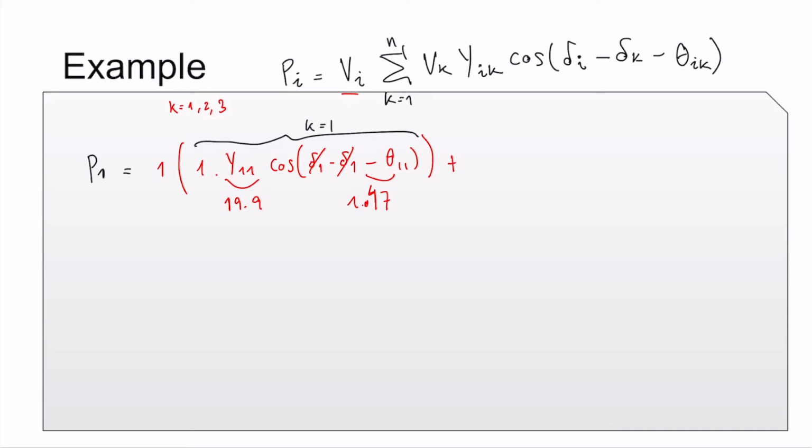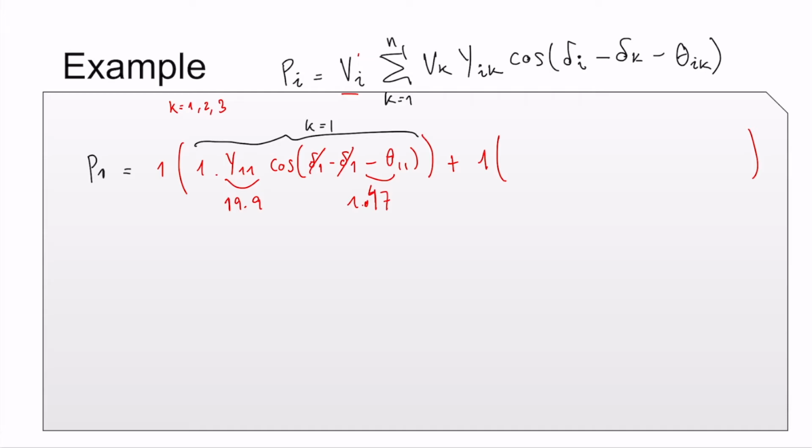Then I have plus 1, which is this voltage. And then I have to multiply by this when K is equal to 2.